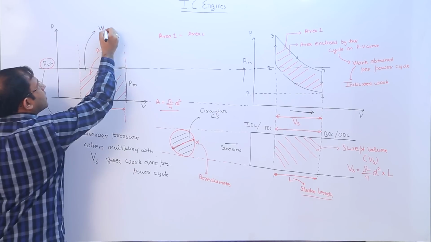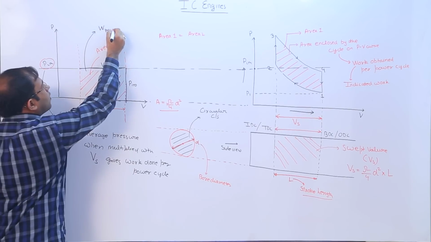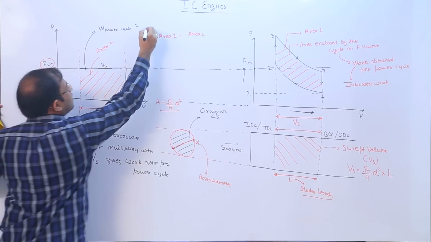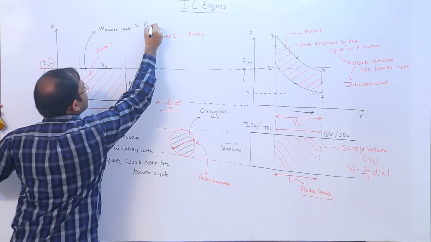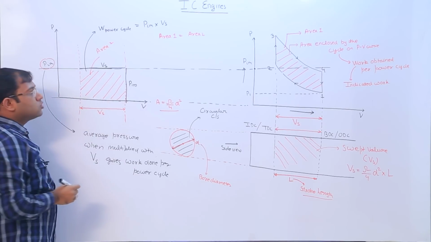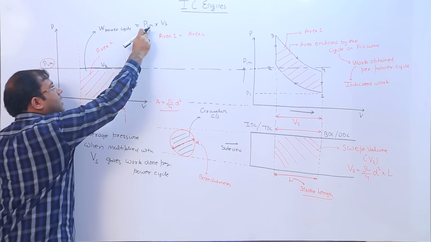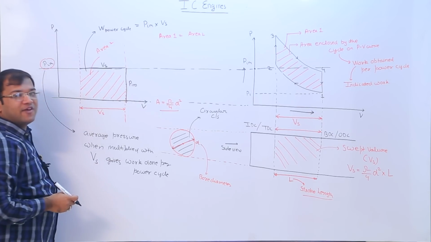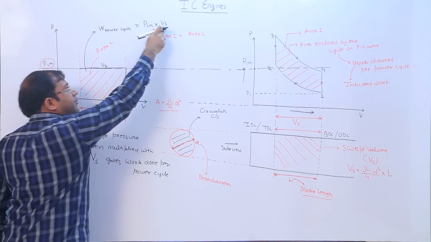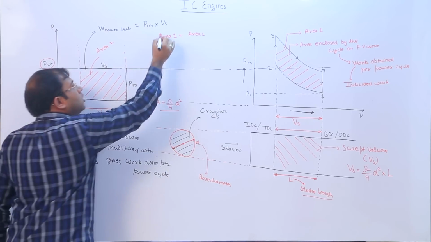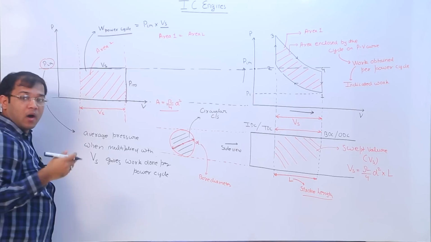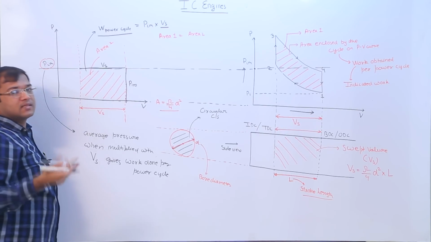So your work per power cycle will be equal to your PIM into Vs. So we can define PIM, indicated mean effective pressure, as the average pressure which when multiplied with swept volume Vs will give us the work obtained per power cycle.